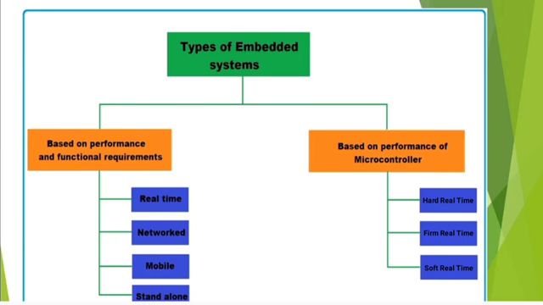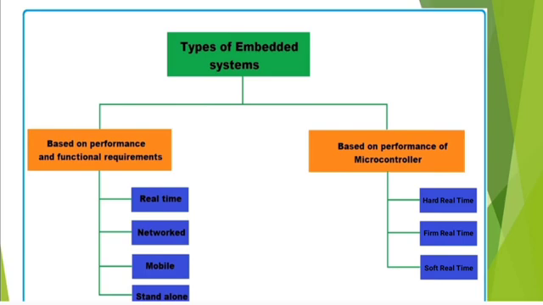Second, network embedded system. In network embedded system, multiple devices or components are combined to perform a specific task. Examples of network embedded system: home automation system, Wi-Fi router and Bluetooth system.